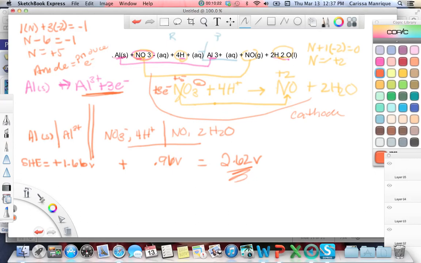Now I want to show you this too. Now you see how I went ahead and changed the sign here? When you change the sign, your formula just becomes anode plus the cathode, the volts of both added together.